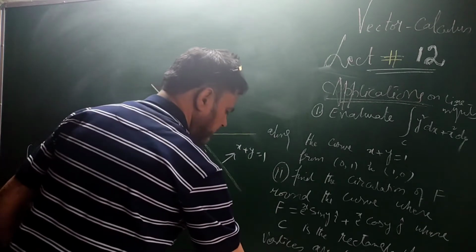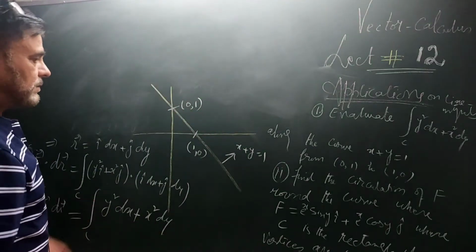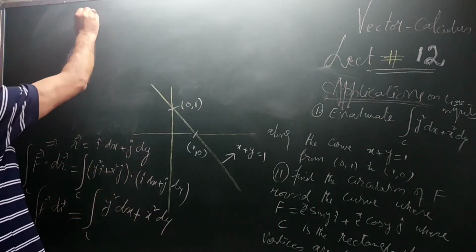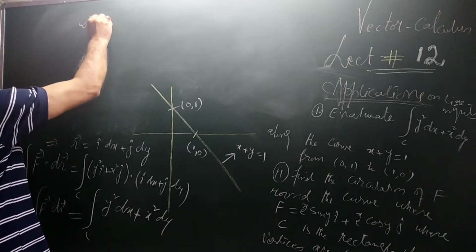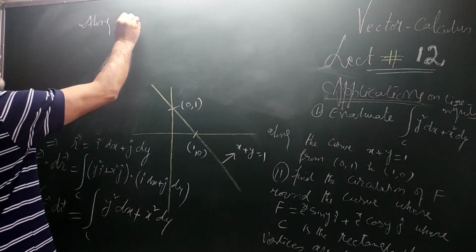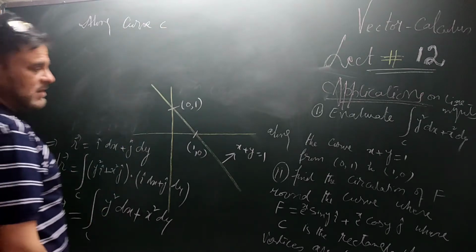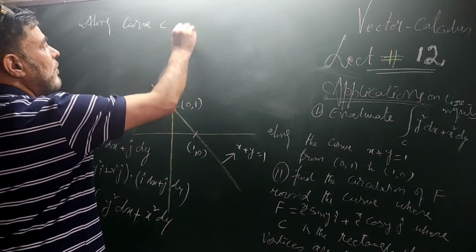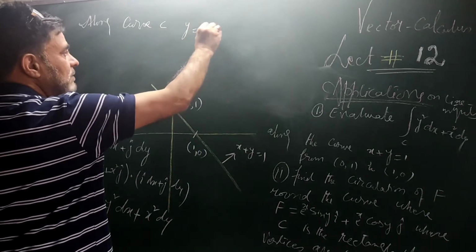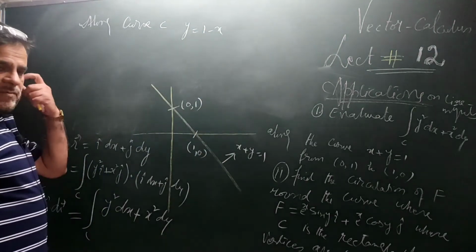Along, in fact, I will name this straight line curve C. A straight line is also a curve. y is what? 1 minus x. Your y is 1 minus x.